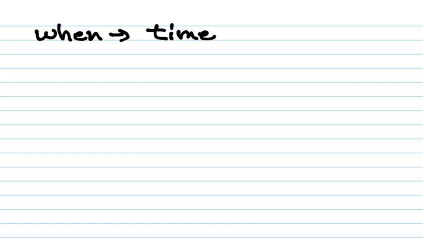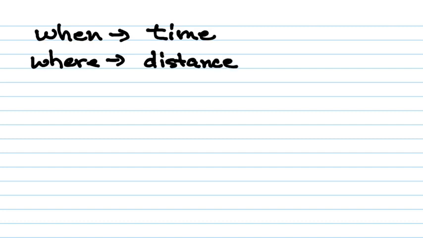You can't solve for more than one unknown. If they give you a where question, which thing do you think that is? That's your distance. So make sure that you understand what question is being asked so you'll know which units and which things to use. How does that look? Fairly easy?